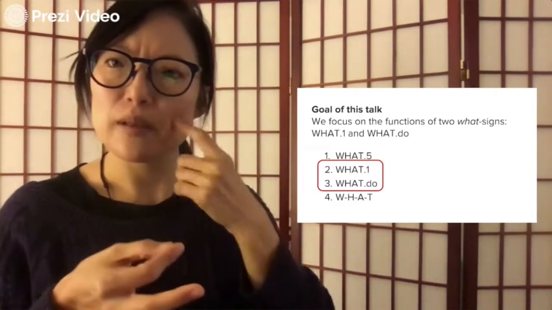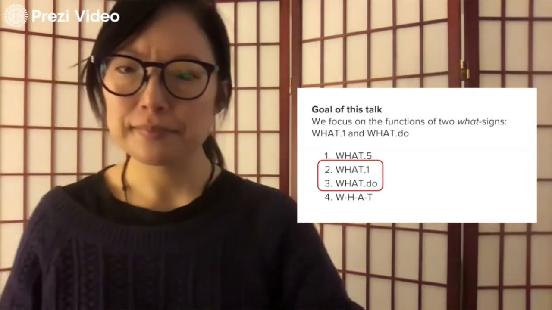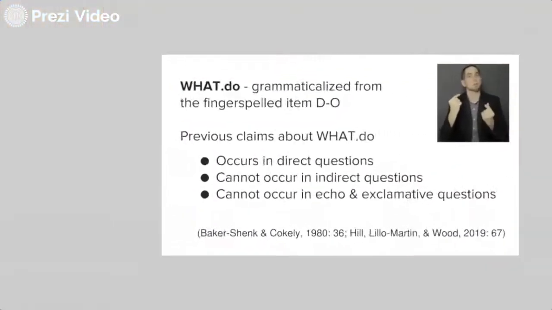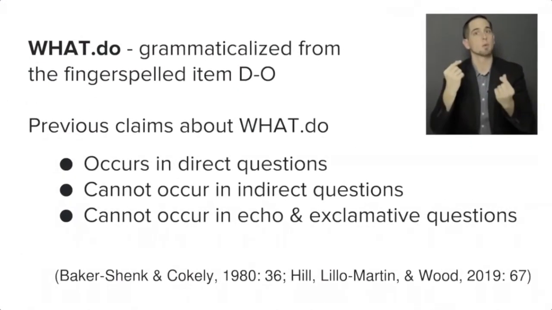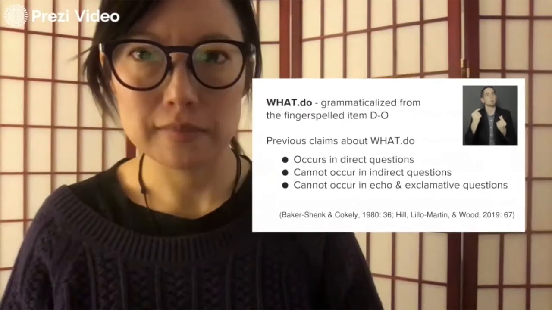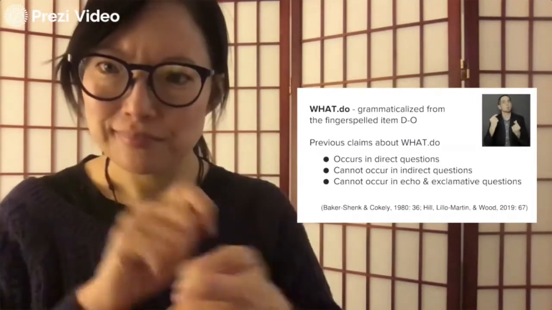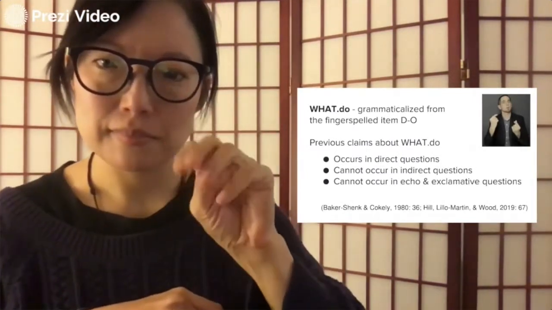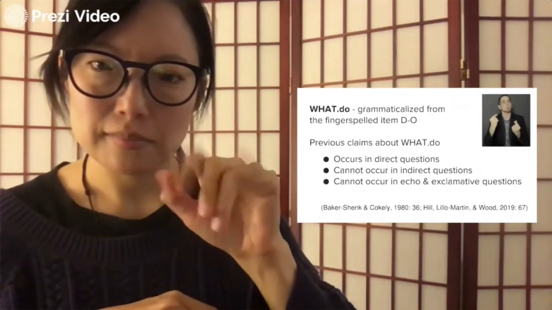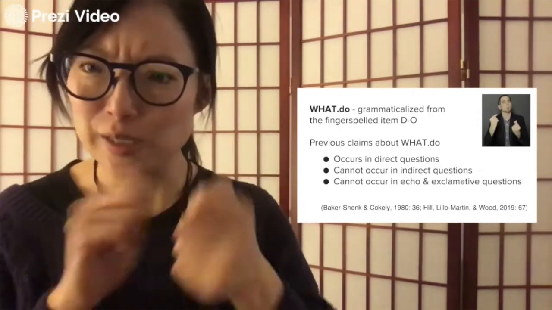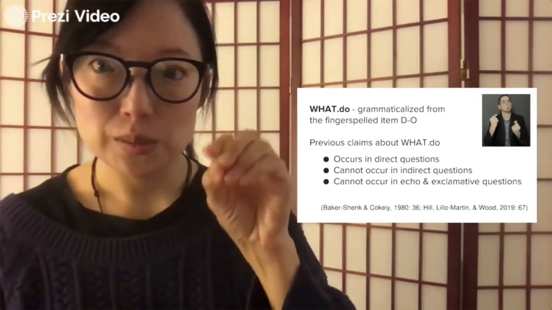Now let's take a look at what has been documented and described about the what 1 and the what do. What we are calling the what do sign has been grammaticalized from the fingerspelled word do. If you watch me, you can see how it's changed.